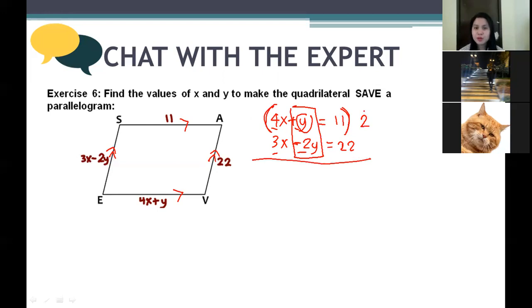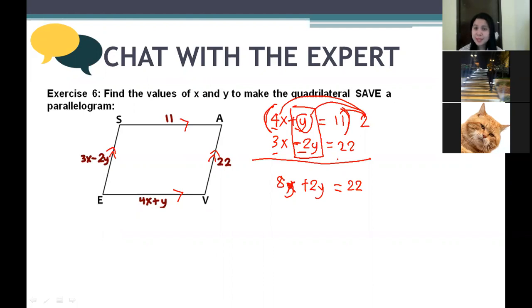So let's have the first one. 2 times 4x, 8x. 2 times y is 2y equals 2 times 11 is 22.